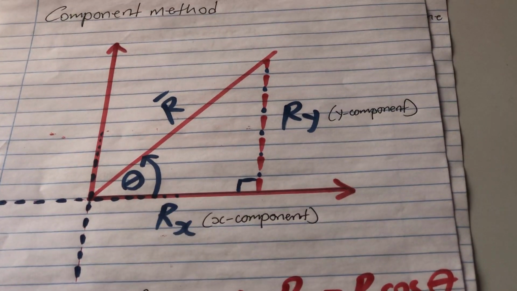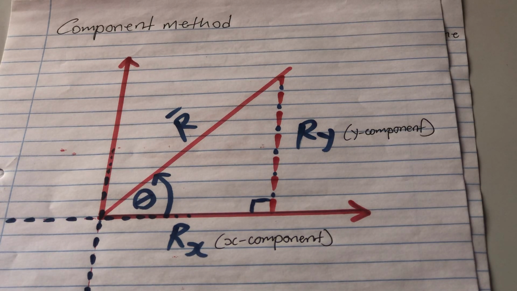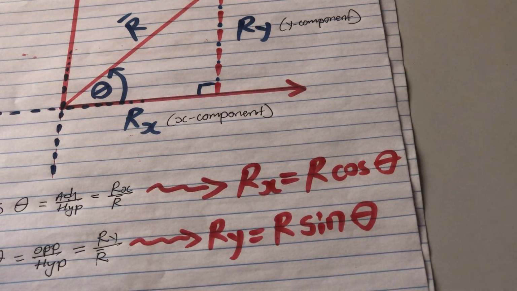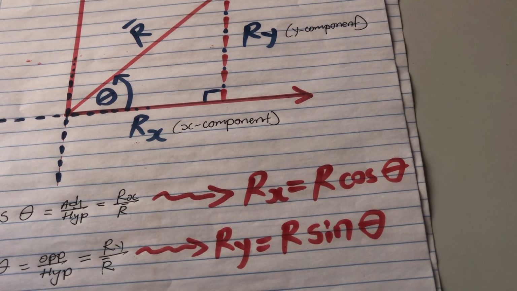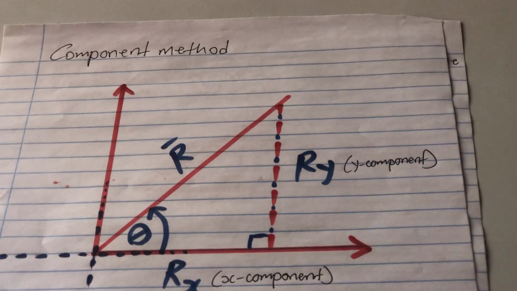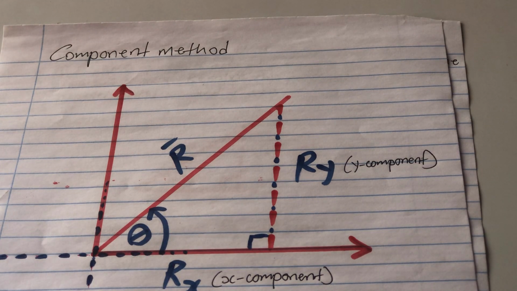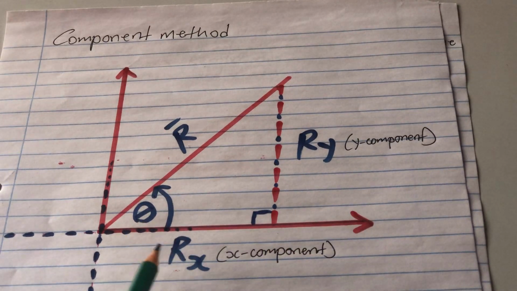So I want to show you another simple way of remembering these two formulas that are very useful when doing the component method. Let's come back to this right-angled triangle. The side which is adjacent to angle theta, in this case, is Rx.